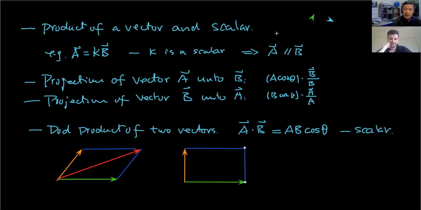So in this case, C is divided into two perpendicular vectors here.